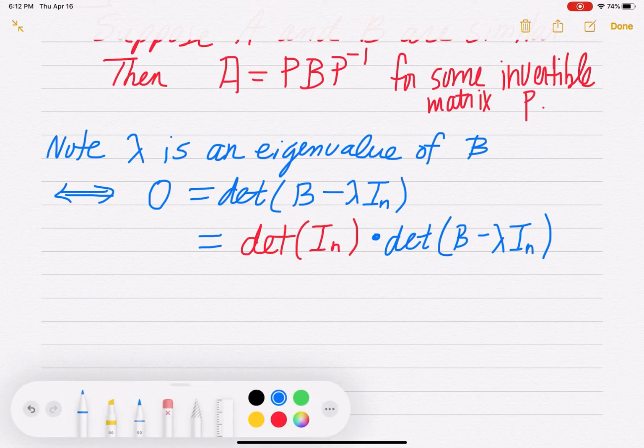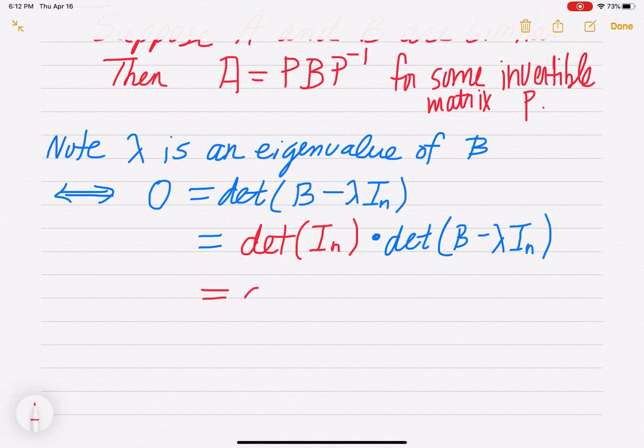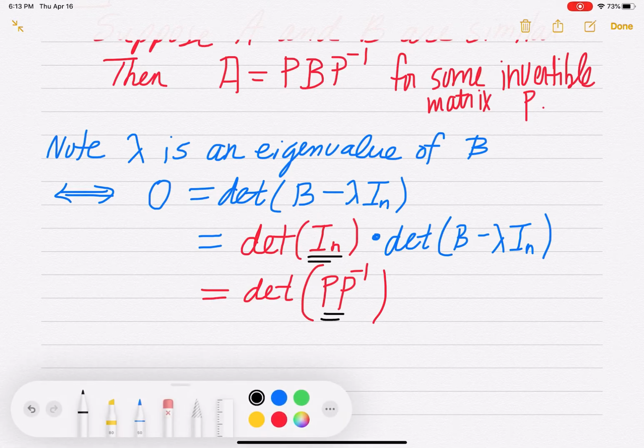And now I'm going to do a little trick. We know that the determinant of the identity, well, another name for the identity is what? P times P inverse, right? P is an invertible matrix, so P times P inverse is precisely the identity matrix. So I'm just splitting up the identity into P times P inverse.